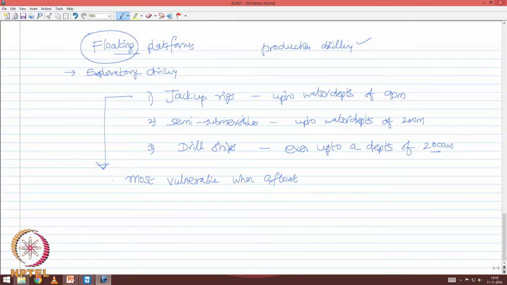Therefore, under towing conditions, they are susceptible to hurricane or cyclone damages.